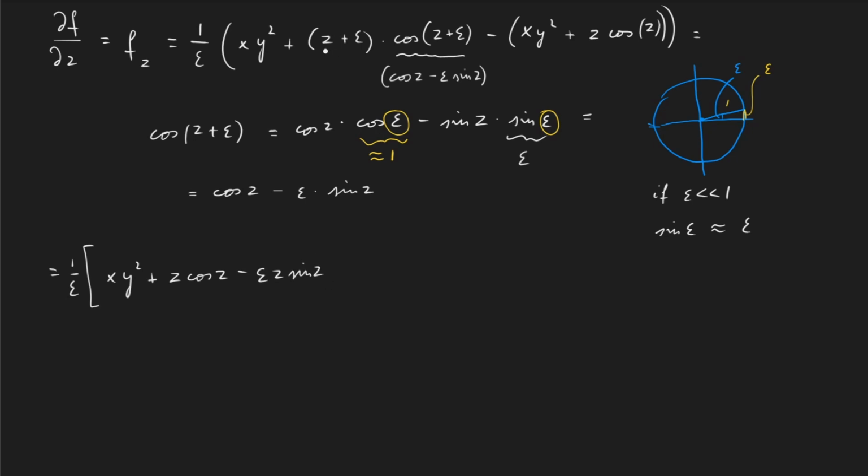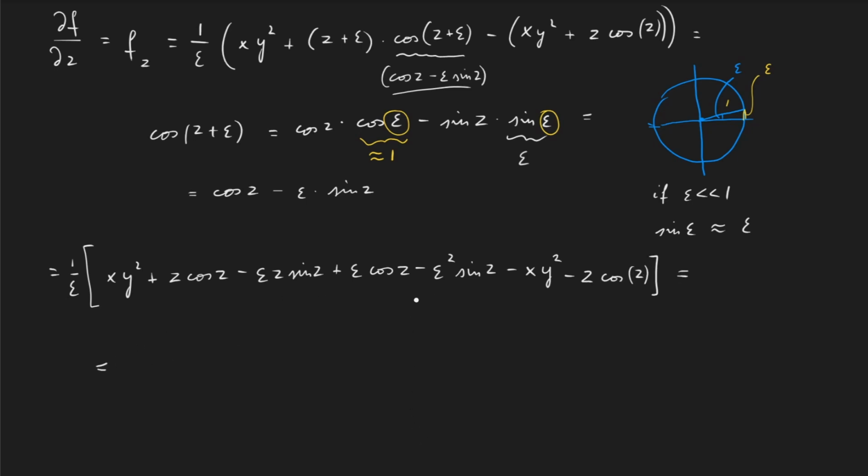Here we multiplied the parentheses by z, and we have a plus epsilon times this, so plus epsilon times cosine of z minus epsilon squared times sine of z. And of course we have this negative before the parentheses, so we have minus xy squared minus z times cosine of z.